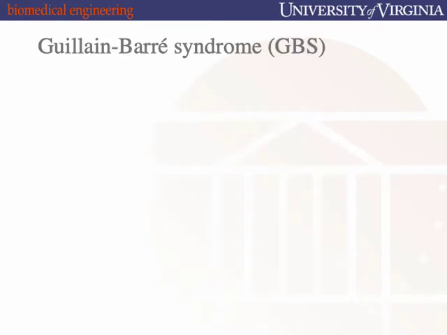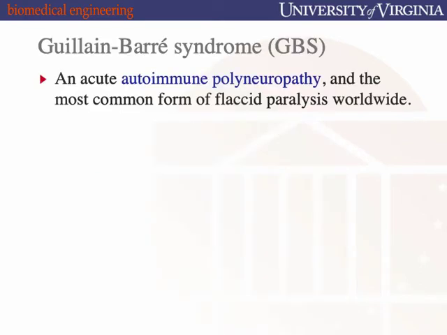All right. Okay. So Guillain-Barré syndrome. It's what we call an acute autoimmune polyneuropathy. And so let's kind of break that down a little bit. So we're going to talk a little bit about autoimmune. Autoimmune is when our immune system can no longer recognize self from foreign, or maybe more specifically, it recognizes self as foreign, okay?